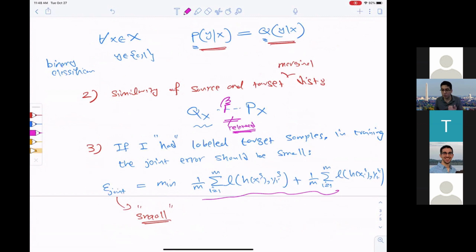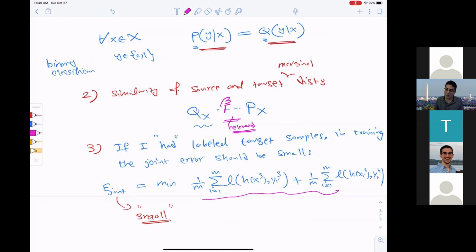Now, if your marginal distributions are different, and you are learning a function mapping from X to Y using the marginal distribution of your source and the conditional distribution, of course the conditional distributions match. But since the marginal distributions are different, the function that you select may not be good for the target distribution.